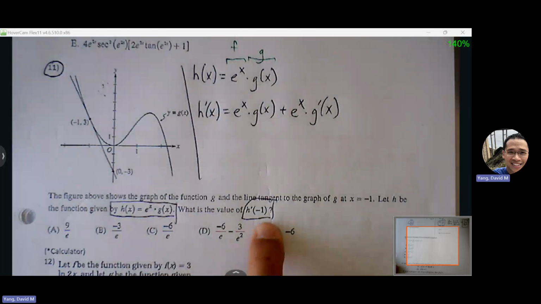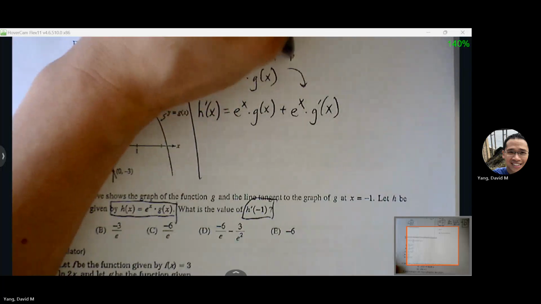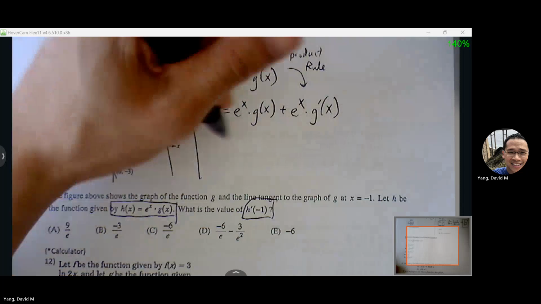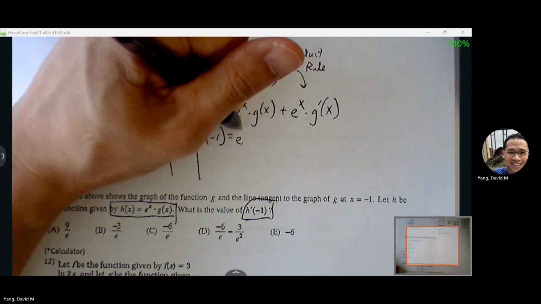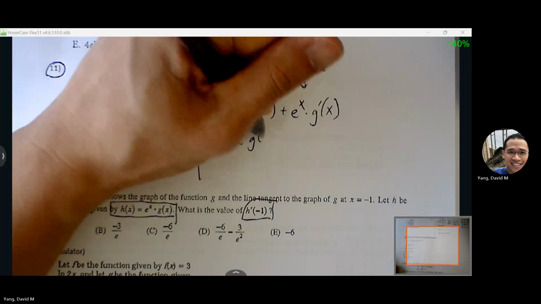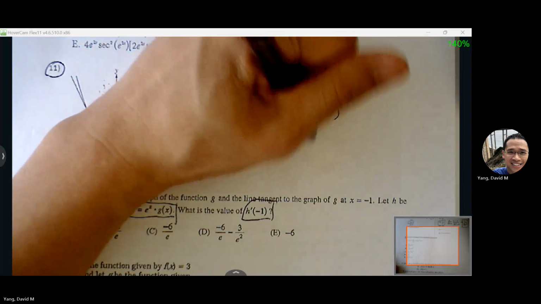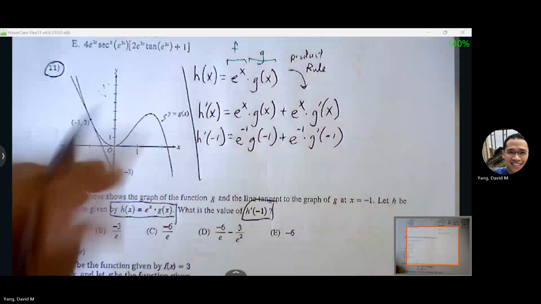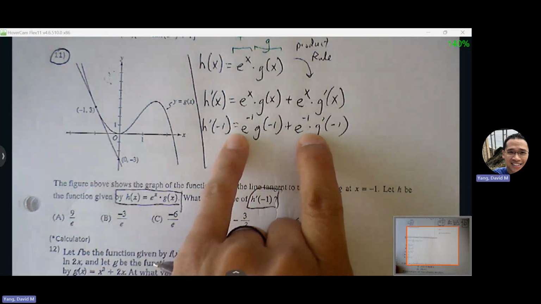We're trying to find h prime of -1. So e to -1, we figured that out. Those are numbers.